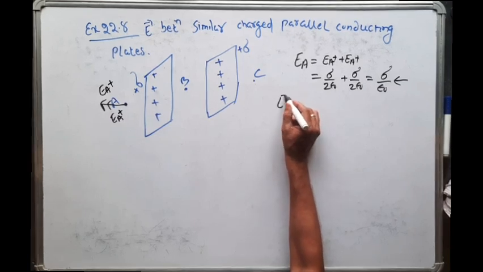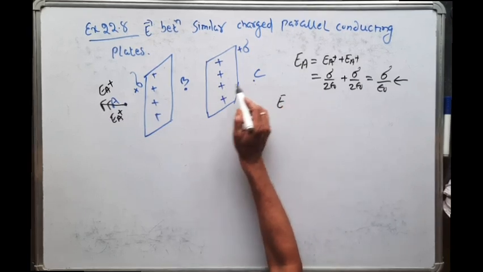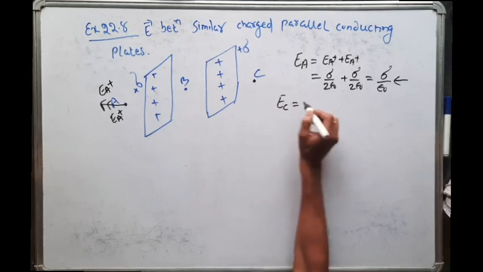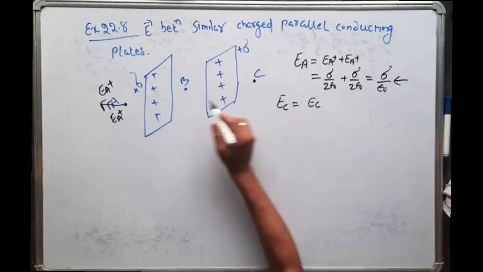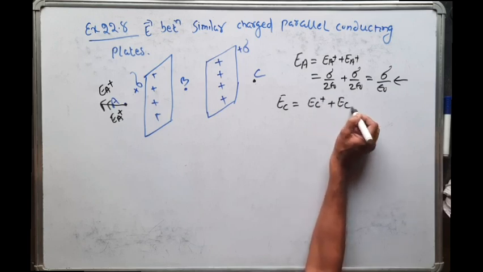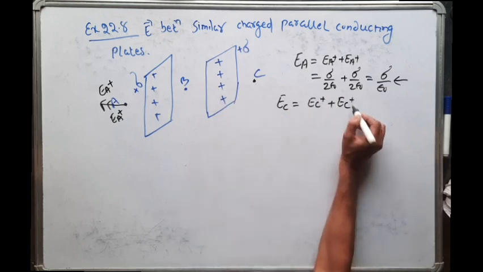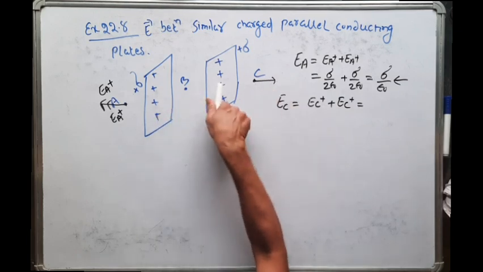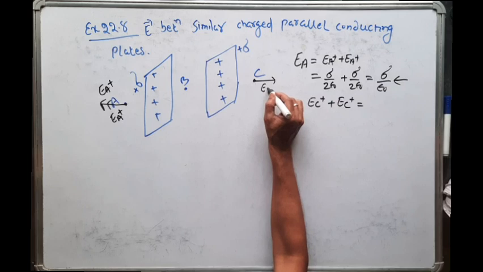Similarly, if you find the electric field intensity at point C, again it is the electric field intensity at C due to the first positive plate plus the electric field intensity at C due to the second positive plate. What is the value? Since both are positive plates, the directions of electric field intensity for both are the same.